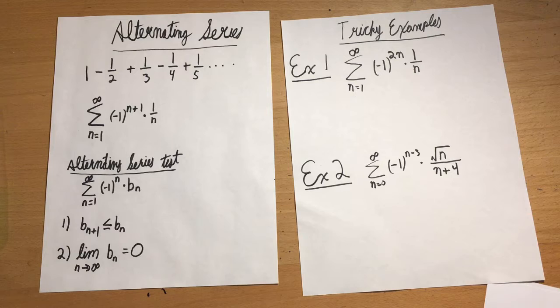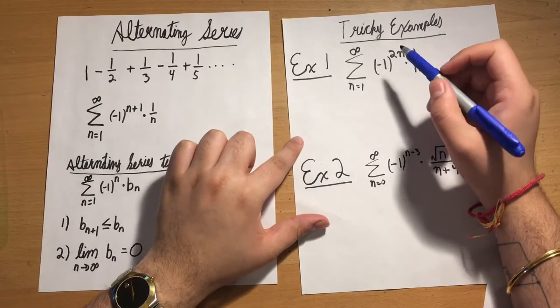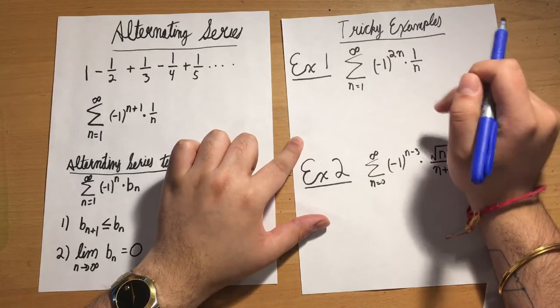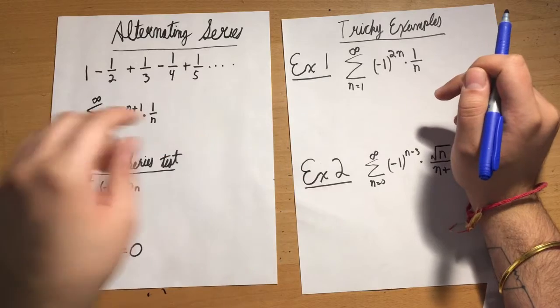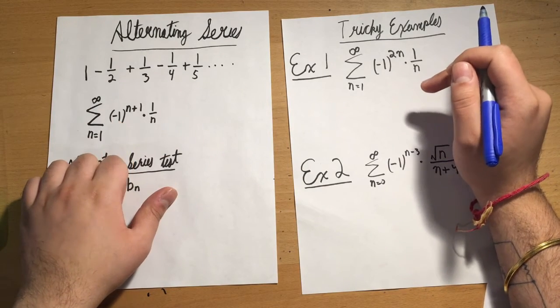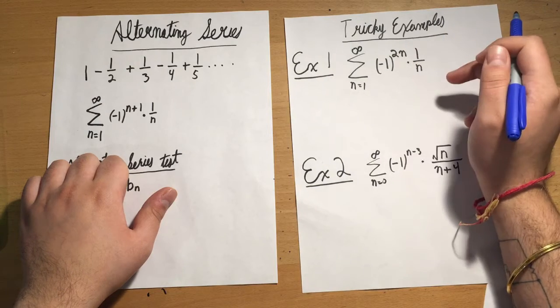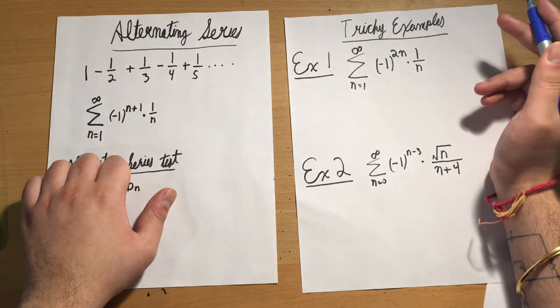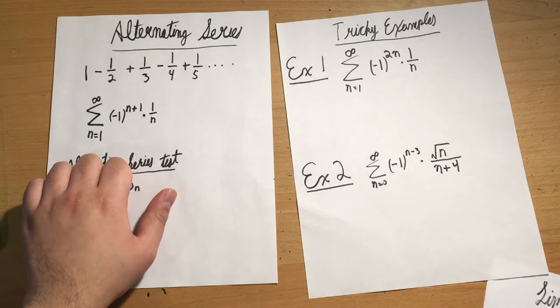Now, this is something I mentioned earlier in the video. This first series, negative 1 to the 2n times 1 over n, looks a lot like the series I had before. It's negative 1 to some exponent that has the variable in it, times 1 over n. That 1 over n would be our b of n component.